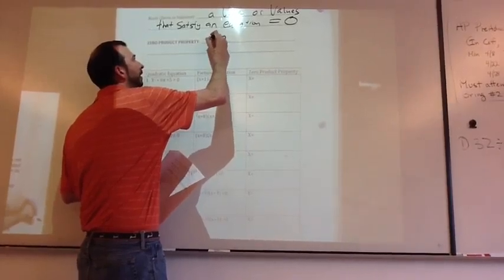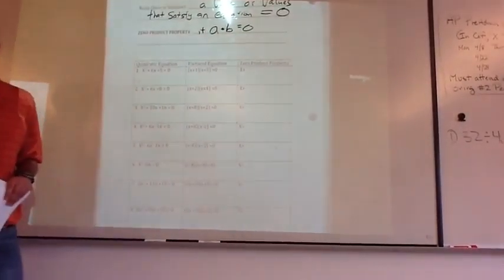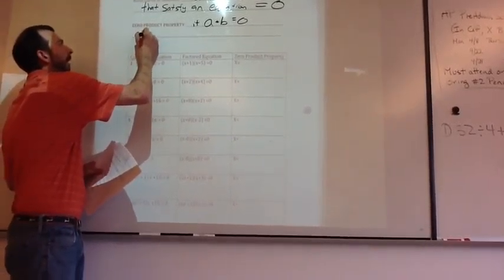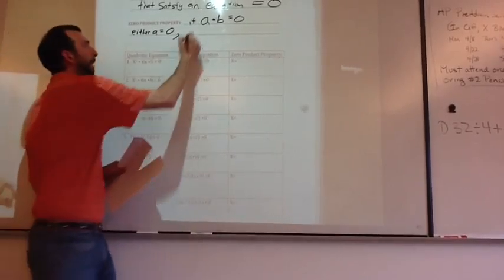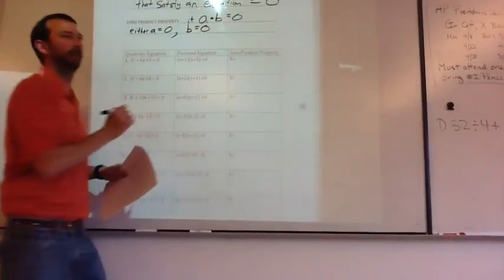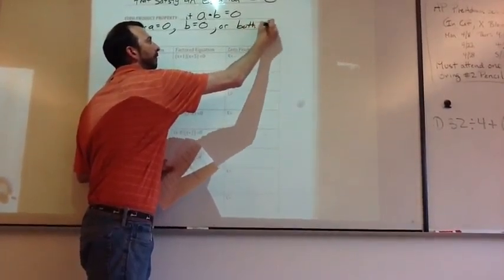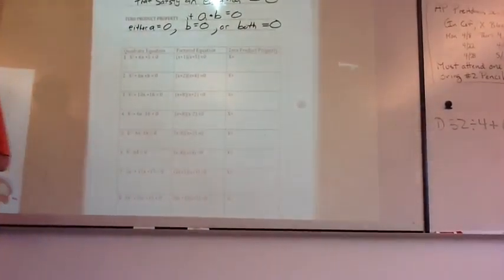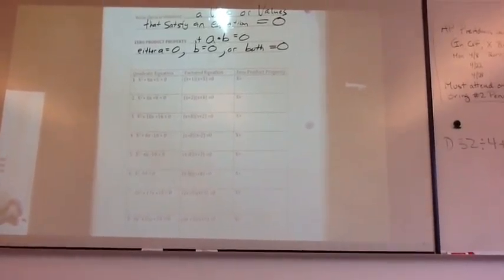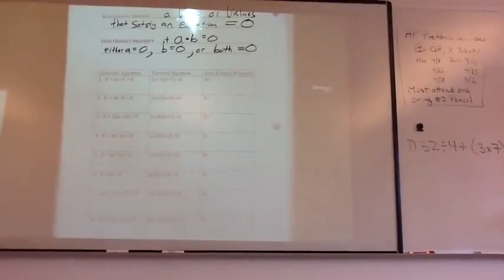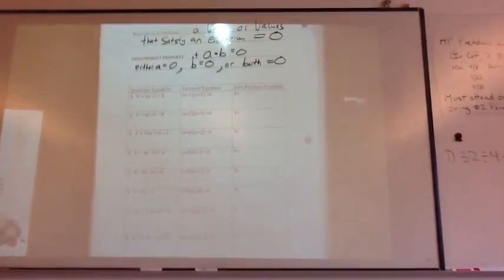If A times B equals 0, you know either A equals 0, B equals 0, or both do. It's the only way you can get a product of 0. Either the first one's equal to 0, the second one's equal to 0, or, by some chance, they're both equal to 0. No other way to get a product equal to 0.